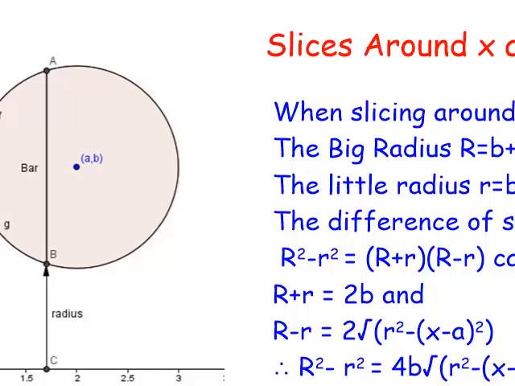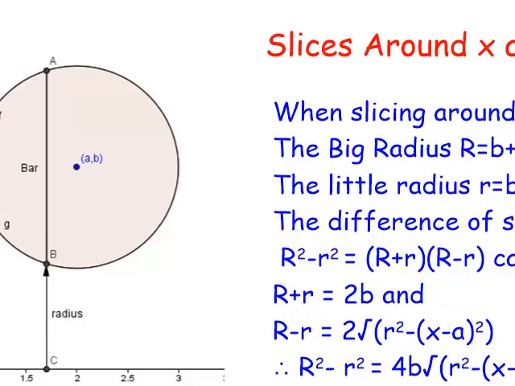The little radius is b minus the square root of r squared minus x minus a all squared, and the big radius is b plus the square root of that same thing, r squared minus x minus a all squared. It's just rearranging the circle's equation.